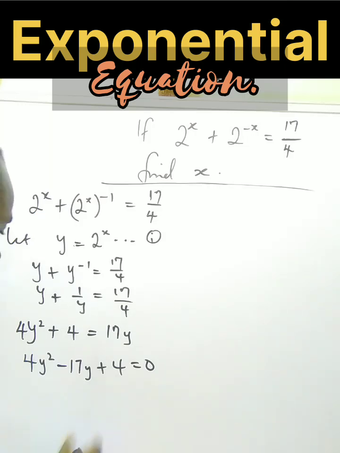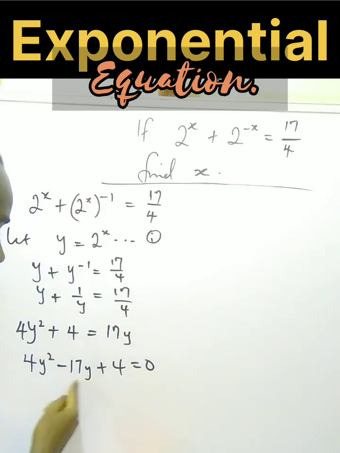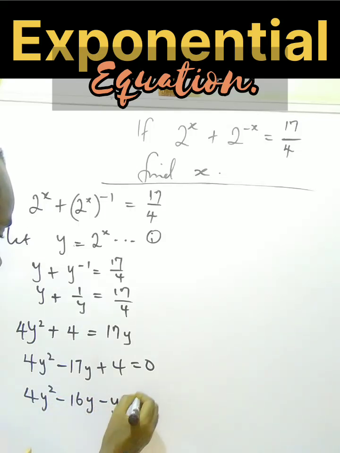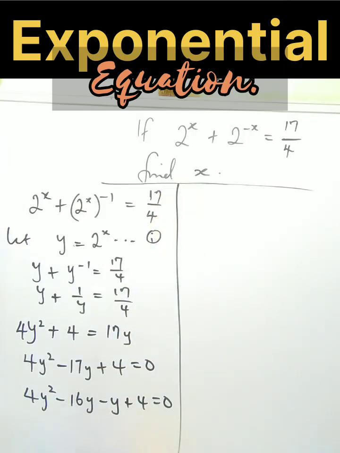From quadratic, we know that the product of 4 times 4 is 16, and the two factors of 16 that will give us the middle term are minus 16 and minus 1. So I'm going to replace this middle term by minus 16y and minus 1y. I believe we all know how to use the factorization method, so that's what we're going to use.